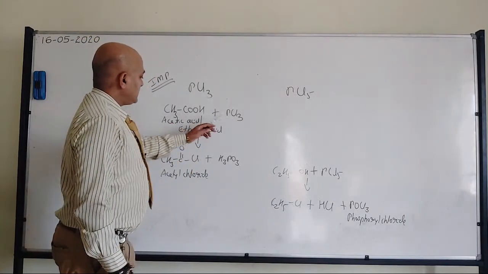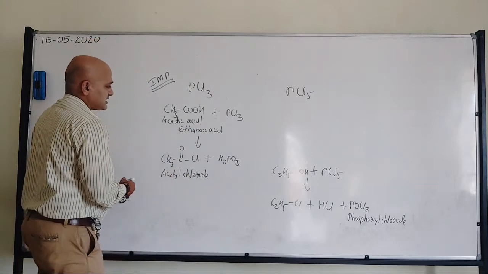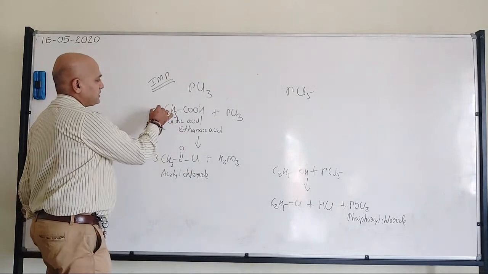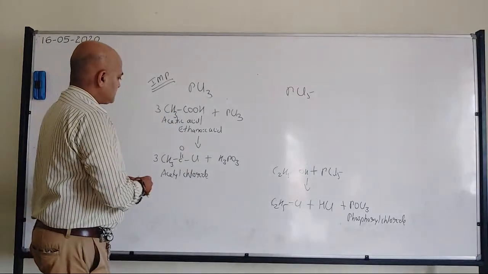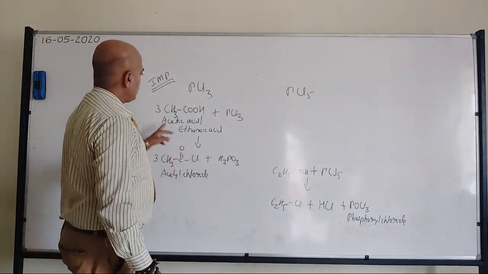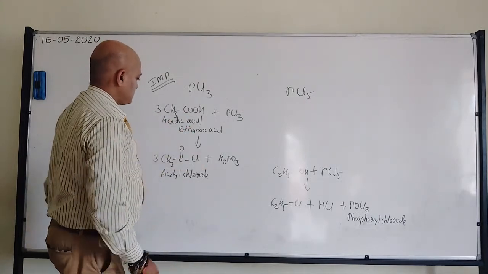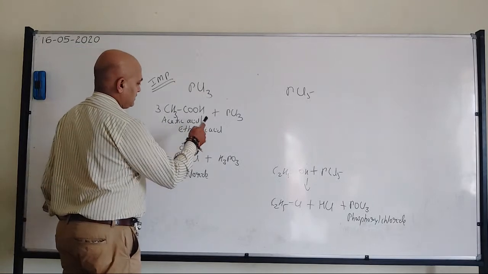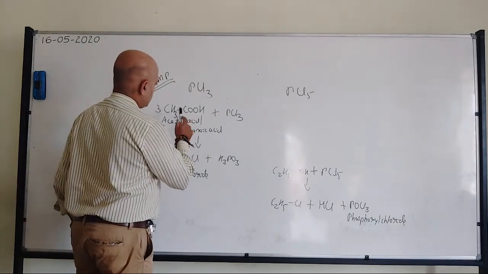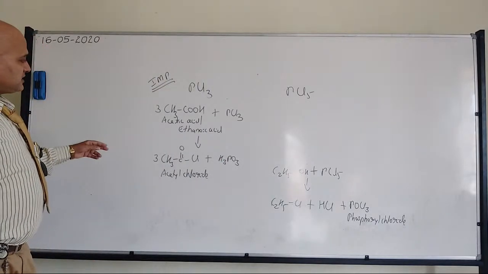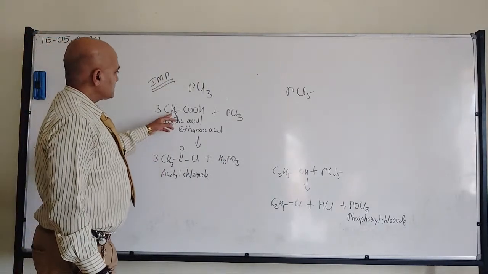Chlorine: here it is 3, here it is 1. So I will make it 3. If I make this one 3, this should become 3. Now oxygen: 3 and 1... okay, 6. It is becoming 6. Here also it is 6 only. Carbon, okay, 3. Done. It is balanced, right? So we can check it out: 3, 6.